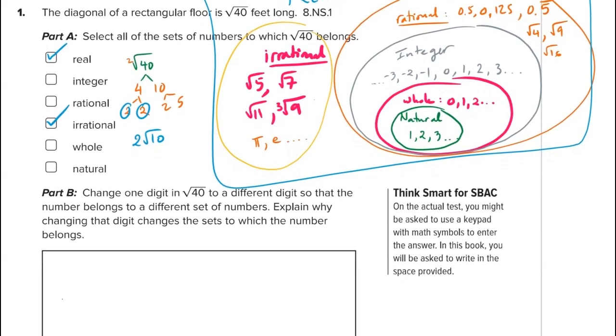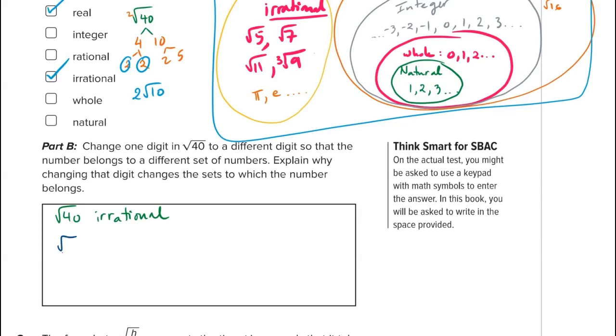Now, change one digit in square root of 40 to a different digit so that the number belongs to a different set of numbers. Square root of 40 is irrational. If you are allowed to change one number, either 4 or 0, can you make it rational? The answer is yes. I would change my 0 to 9.